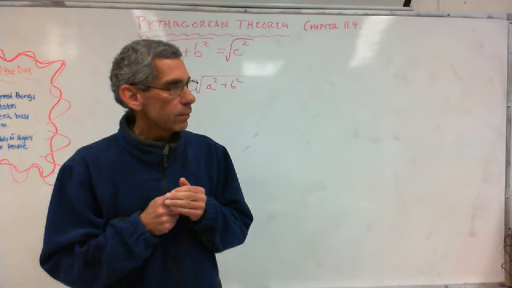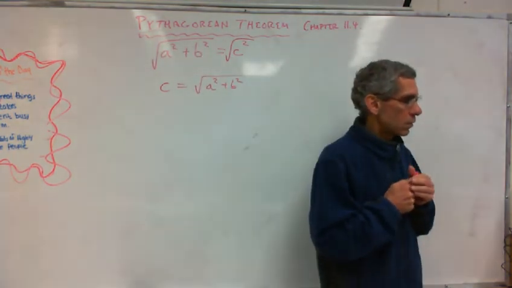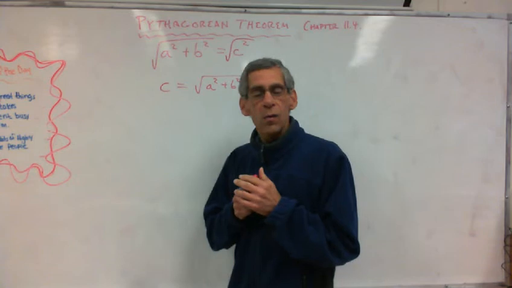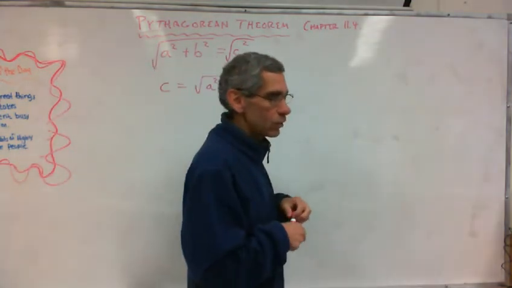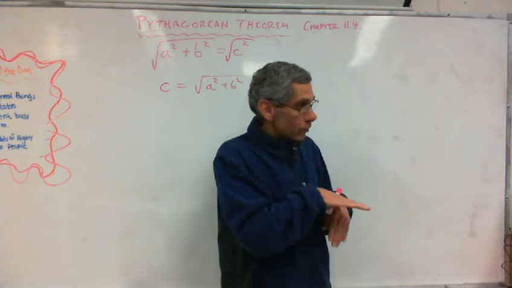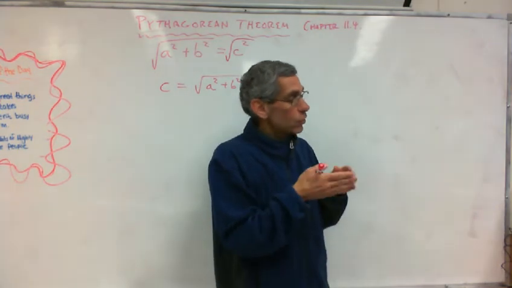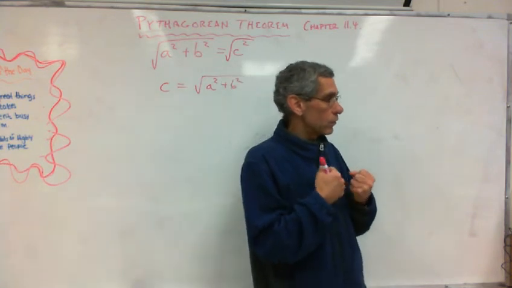You just have to have the perpendicular line, and perpendicular means right triangle, so you're creating a right triangle. The only time the Pythagorean theorem works is when you have a right triangle.